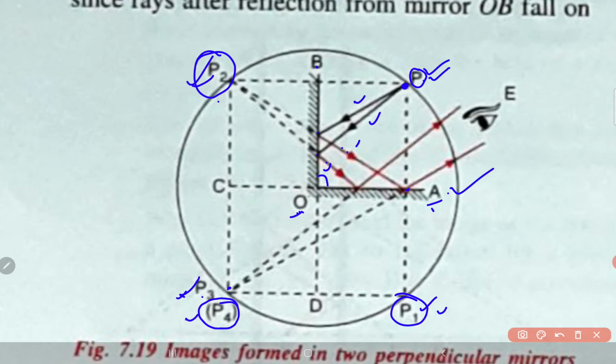When this image acts as the object for OA, it can create another image P3 here. P4 is created because P1 will act as the object for OB, but they are formed at the same place.